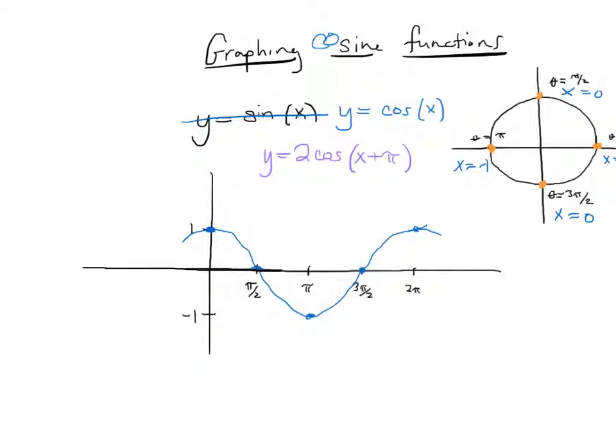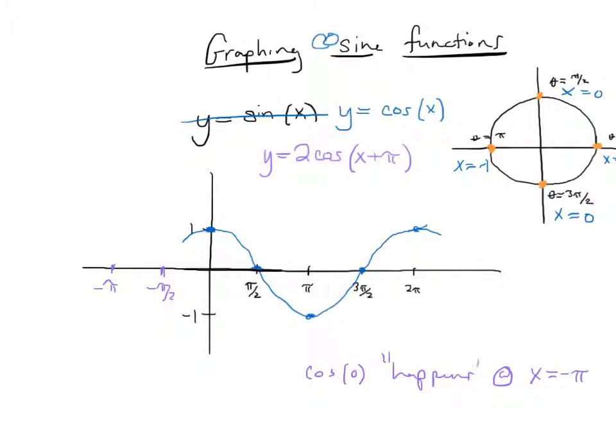So, maybe I'll mark negative pi over 2 and negative pi. So cosine of 0 happens at x equals negative pi.